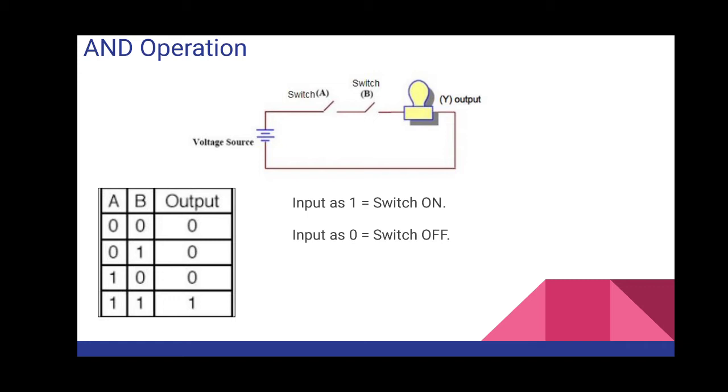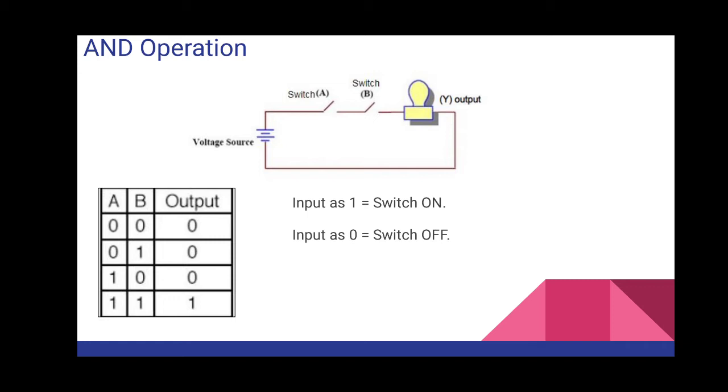Agree everyone? Now the last condition, and a very important condition. What we have seen is that for an AND operator, when both the inputs are true, that is both the inputs are 1, 1, then only our output will be high, that is true, that is 1. So again, observe the circuit. Now imagine switch A is also connected, switch B is also connected, that is both are on.